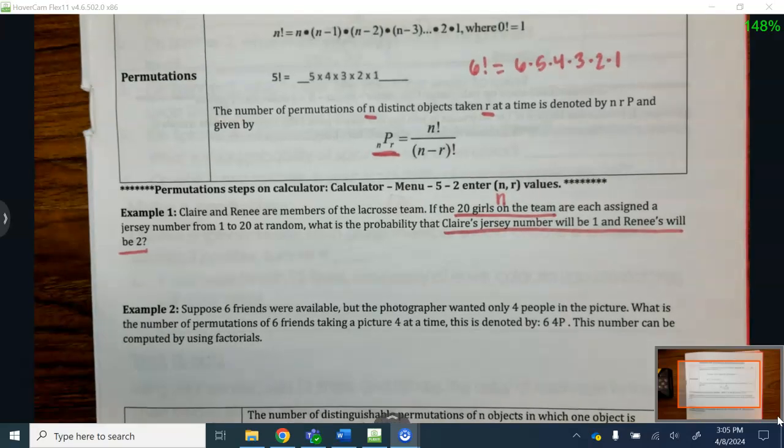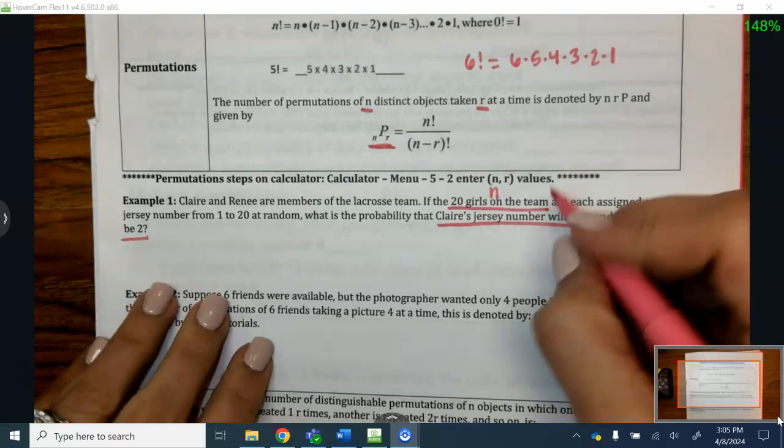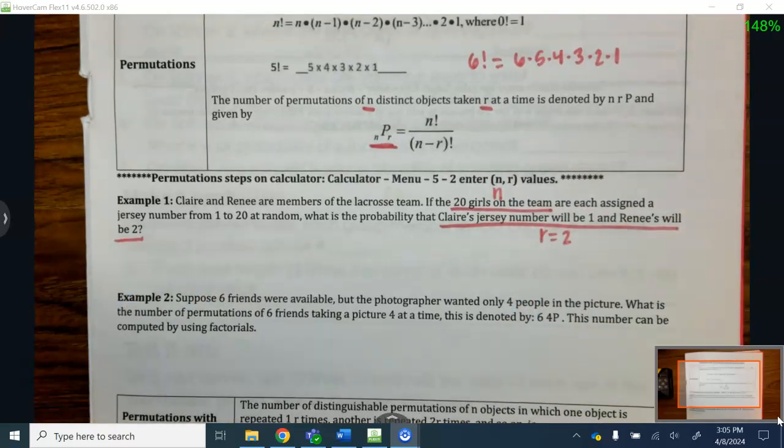The reason this is a permutation is because we are looking at two specific spots, so R is equal to 2. They're taking 2 of these 20 girls, but what makes it a permutation is that Claire has to be first and Renee has to be second when it comes to the order of the jersey numbers.